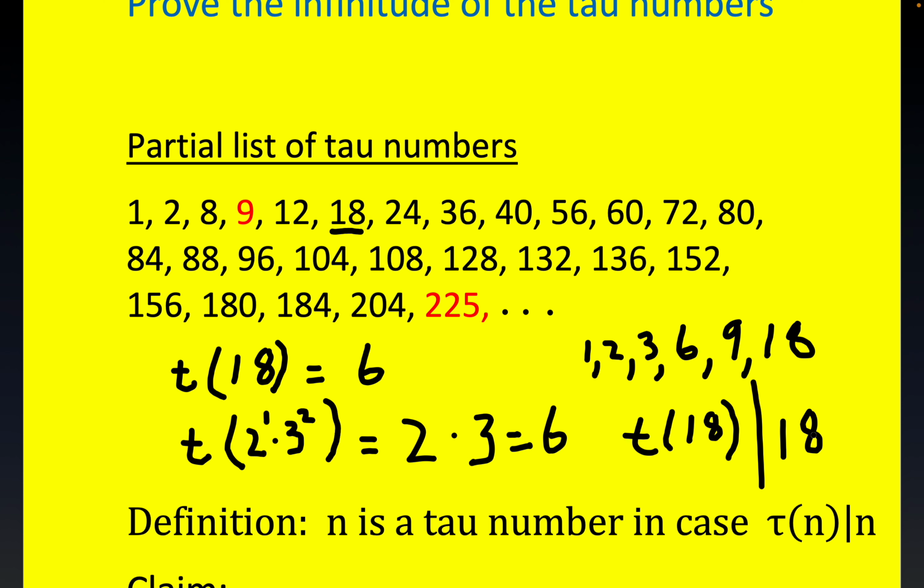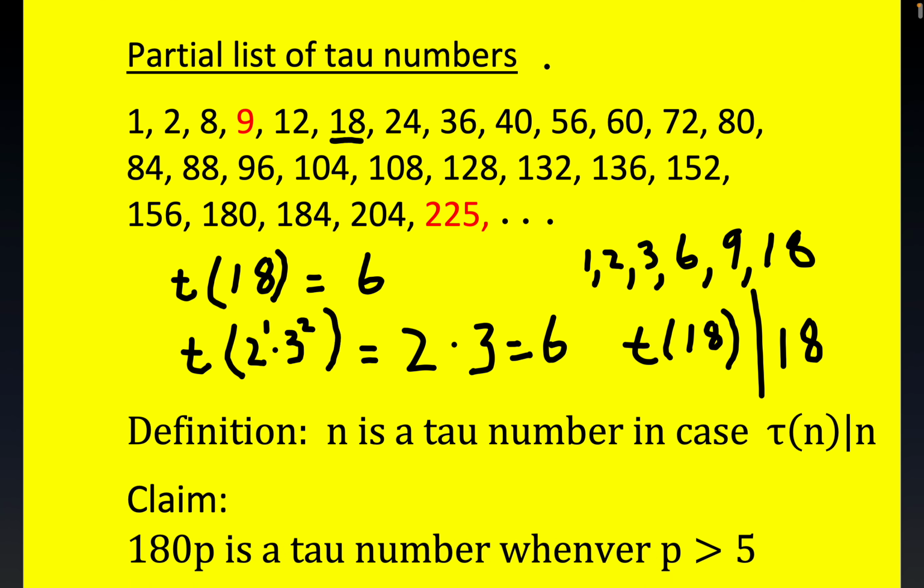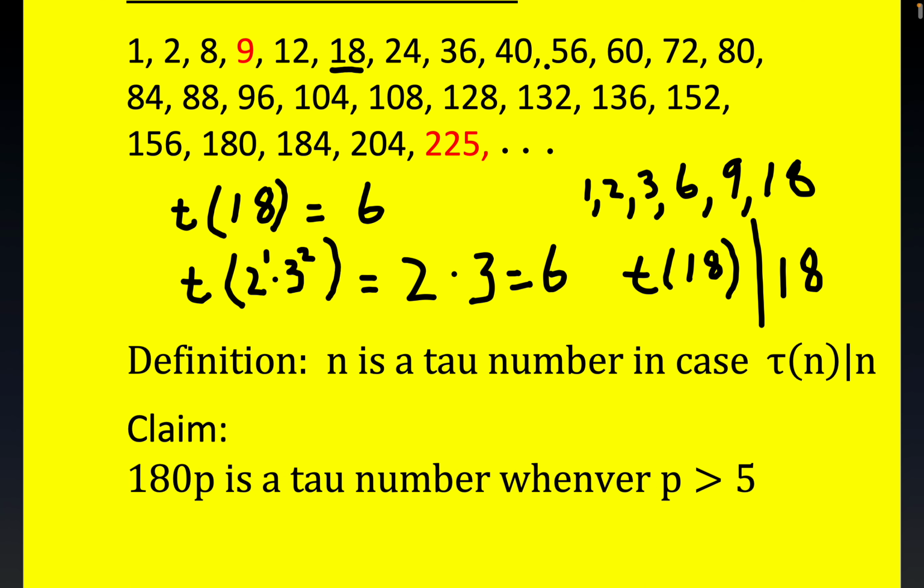Now remember, we're trying to prove there's an infinite number of tau numbers, and there's a cool little result here that I came up with, motivated by some stuff I read in other books. I just didn't come up with it off the top of my head. The claim is that 180p is a tau number whenever p is greater than 5. Now, of course, p is prime, right? P is some prime number.